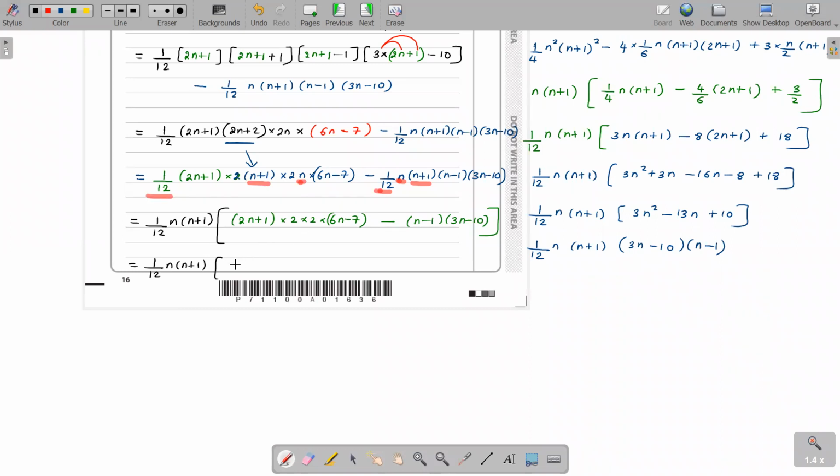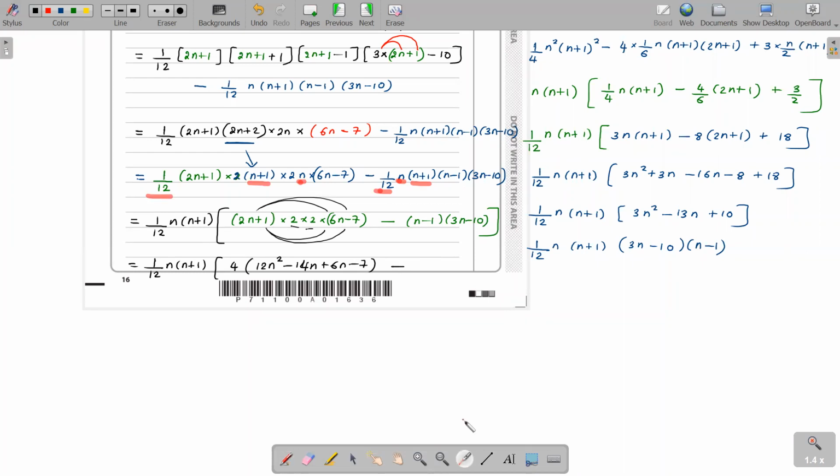Let's open the bracket. 2 times 2 is 4 here, right? Open the bracket: 2n minus 2n plus 1, 6n minus 7. 2n into 6n is 12n square. 2n into minus 7 is minus 14n. 1 into 6 is plus 6n. 1 into minus 7 is minus 7.